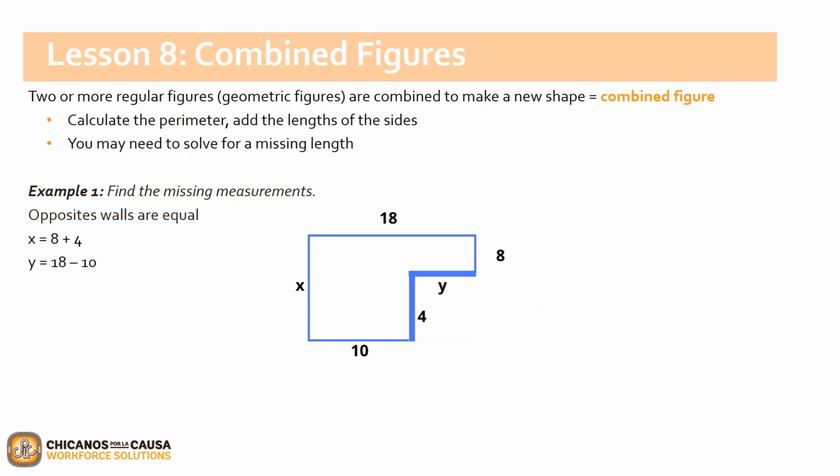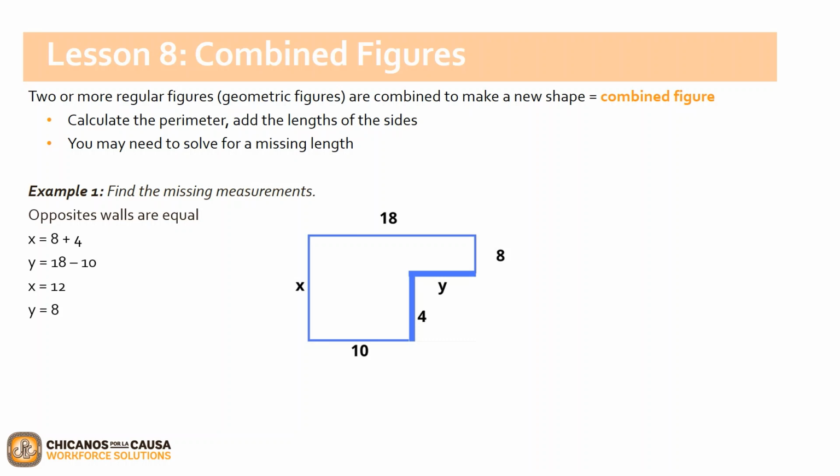But in this instance, we have to subtract because we're taking away a piece. So it's going to be 18, which is the top wall, and then we're going to subtract the 10 from it, which is the bottom wall, which is going to give us that one small piece that represents y. So x is 12 and y equals 8.